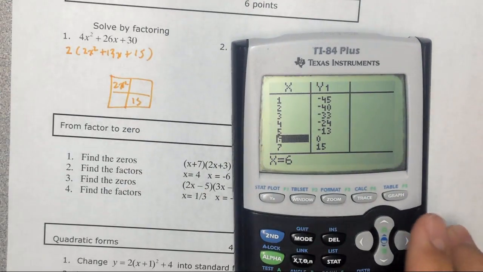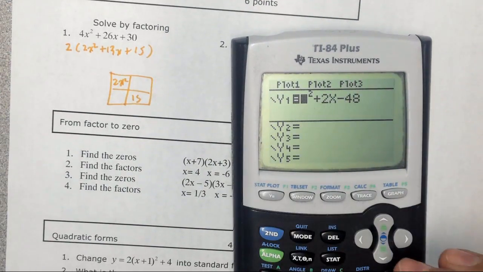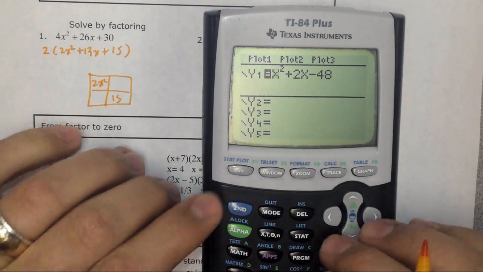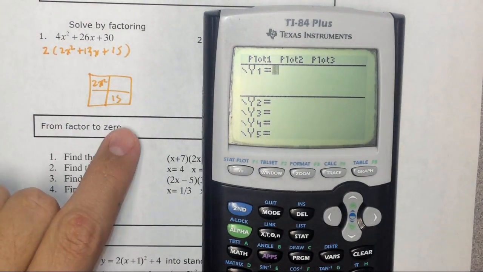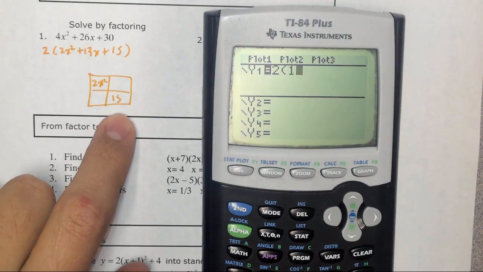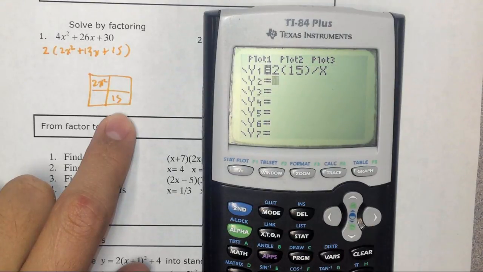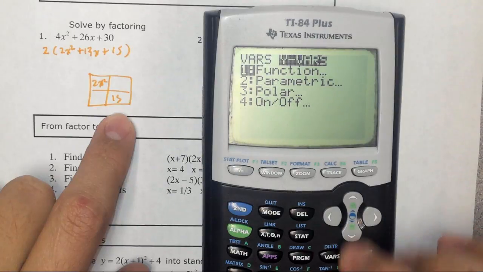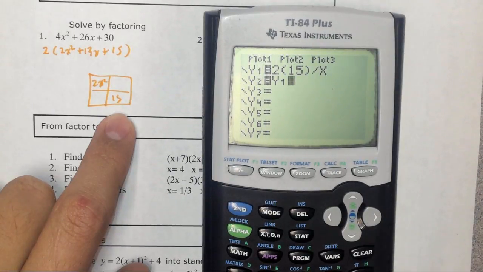In the calculator, I'm going to set this up. So I will have 2 times 15 divided by x, and I will go ahead either retype it, or you can just put the y1 thing in and add x.